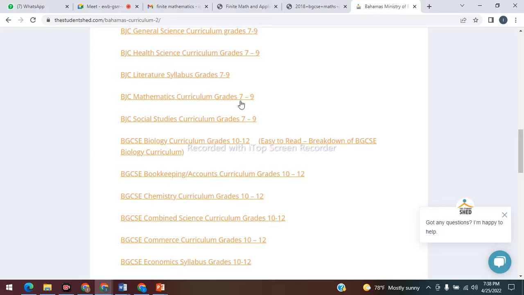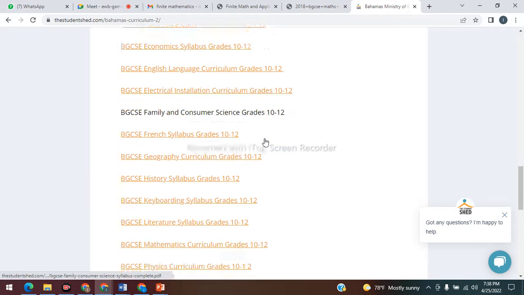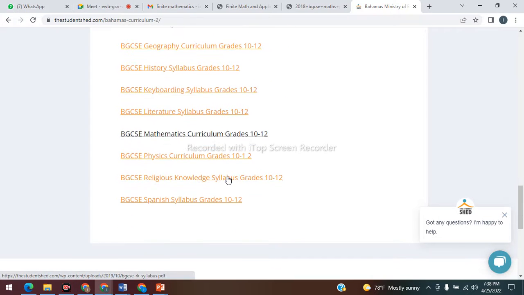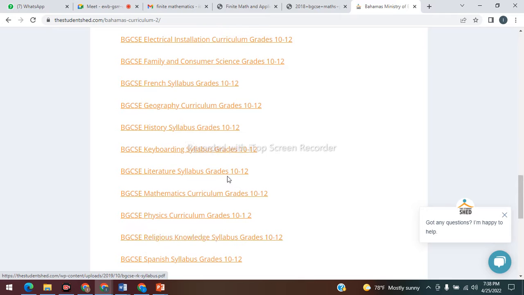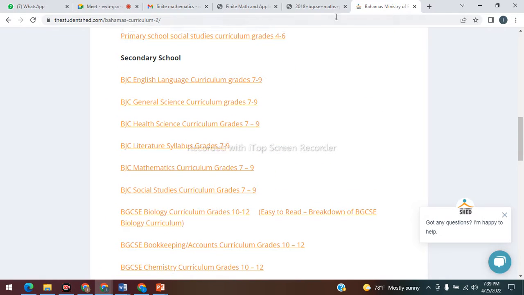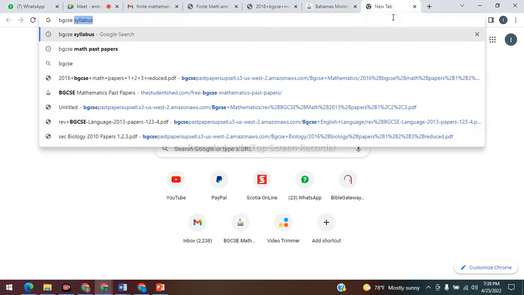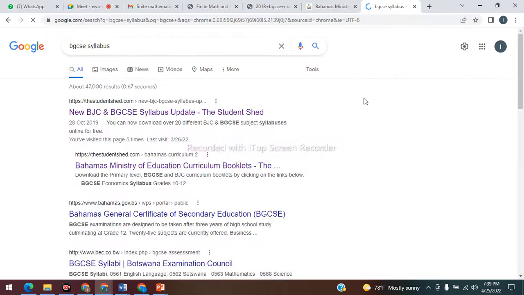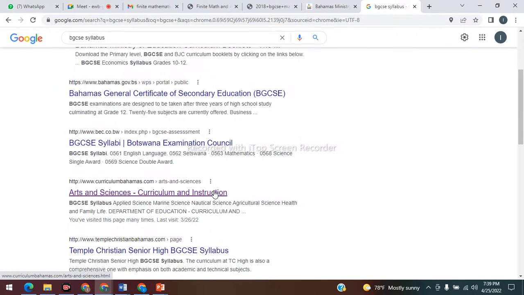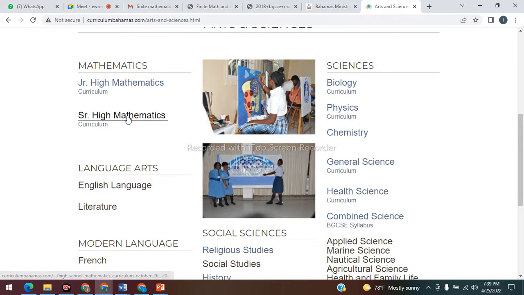Not the curriculum. You also need the BGCSE syllabus. I don't want the curriculum, the curriculum is extensive. We don't want the curriculum, we want the BGCSE syllabus. They still have the curriculum here.